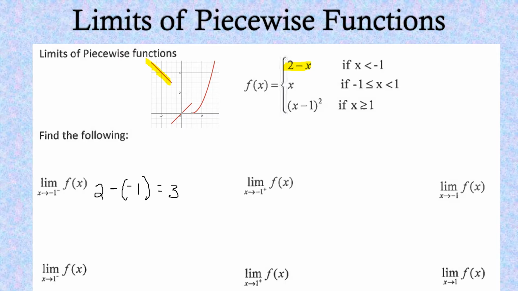Okay. So when we're looking at x approaching from the right, now we want to look at the part of the function where it's coming in from the right. So we see that this is coming in from the right and it's going to approach this value. And what is that value? To find that value, we would evaluate this part of the function.